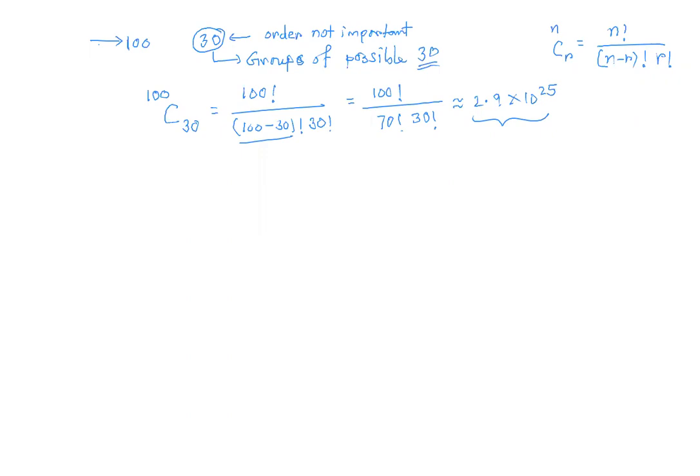So the point of this exercise is this. 100 is not a big number, right? If you have a population of 100 people or 100 items, that's really rather quite small. And if you select possible groups of 30 from this 100, it comes out to be a humongous number.